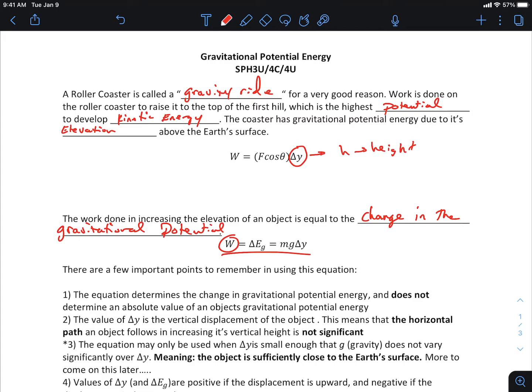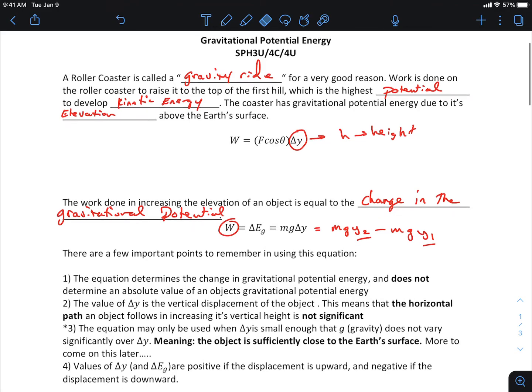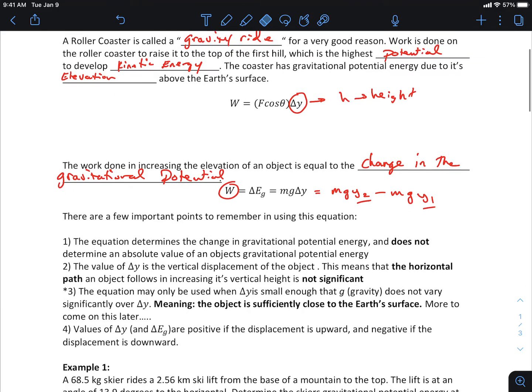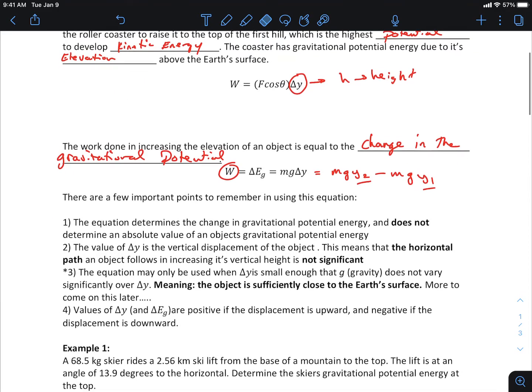You could even go one further and say this is going to be equal to mg y final, or y2, minus mg y1. That would be the change in, right? y2 minus y1, change in height, like rise for slope. Okay, that's how we could figure out the amount of work that gravity does. Okay, any problems so far? It's a pretty easy concept.